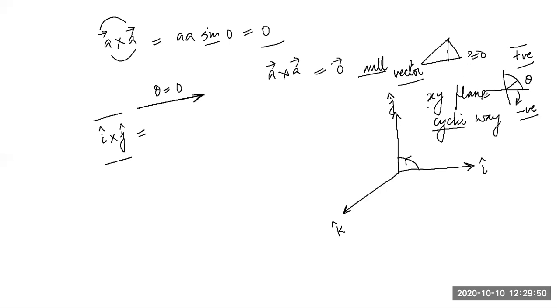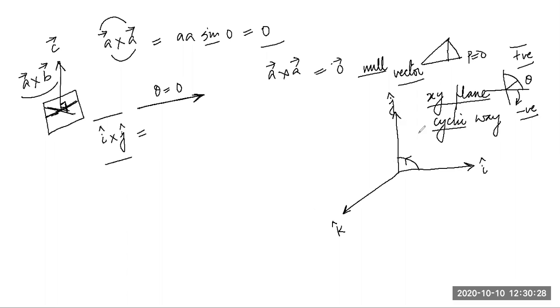If these two vectors A and B, whose vector product we want to find out, are lying in a plane, the vector product would be perpendicular to this plane. Always perpendicular. So which vector is perpendicular to the plane of xy?